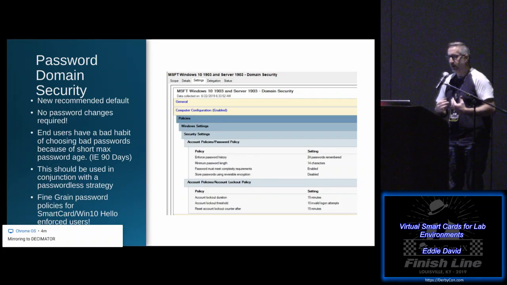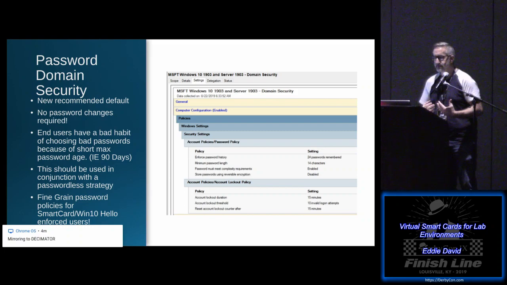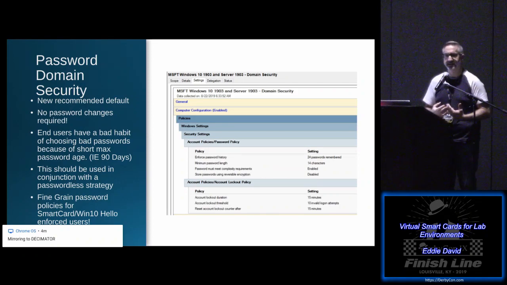Another thing that's changed in the password landscape, if you don't follow it: when Microsoft released Windows 10 1903, they came out with some very radical, different password guidance. If you look at this, and hopefully it's clear enough, if not, download my slide decks, they got rid of password expirations. And that was very controversial.